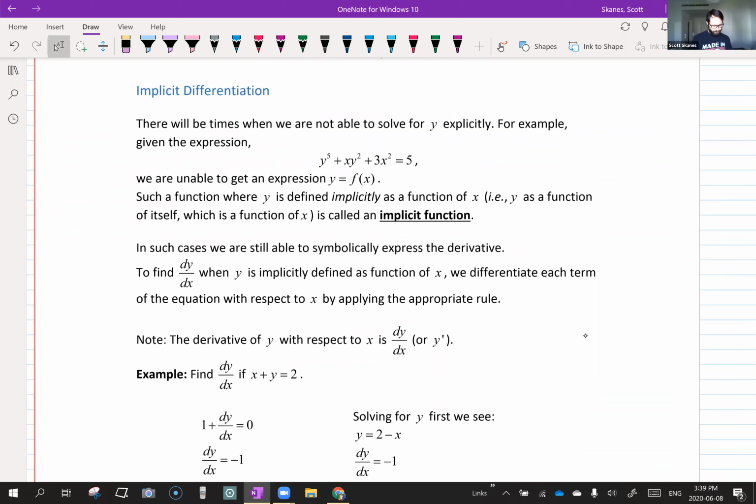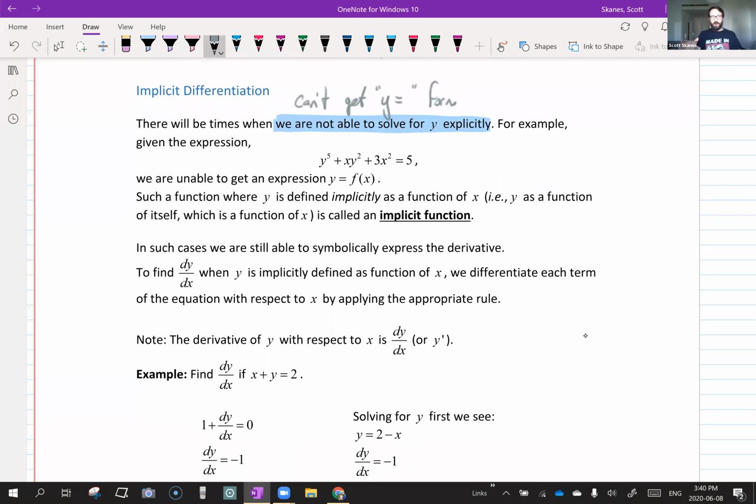So first things first. Implicit differentiation. Like I mentioned, implicit means that we're not able to solve for y explicitly. And what that means is normally we have y equals. In this case, we can't get y equals form.